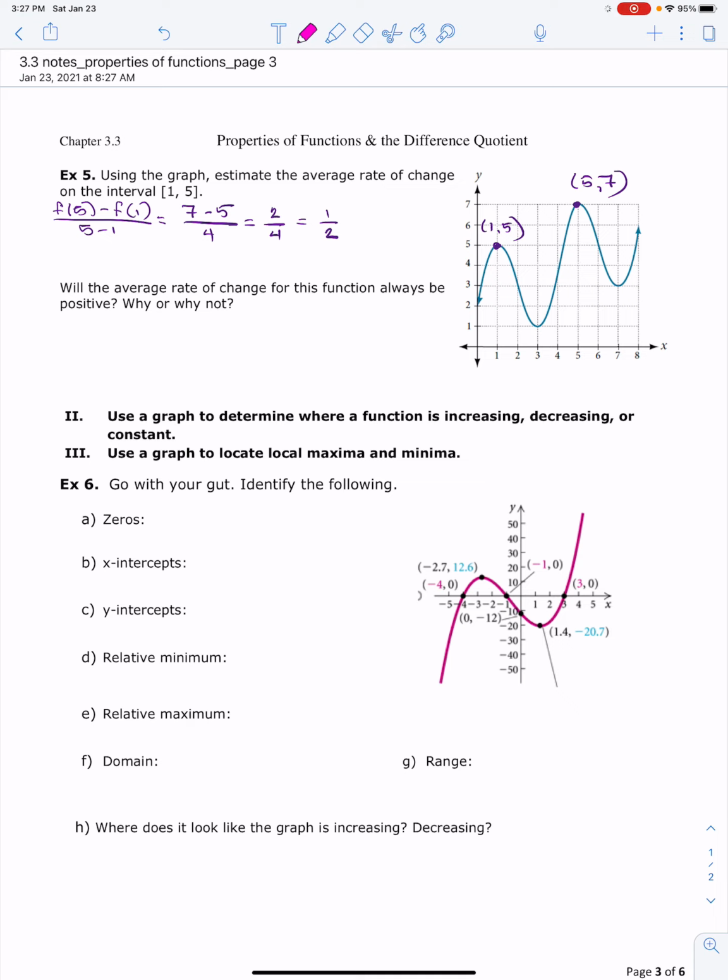The second part asks if the average rate of change for this function will always be positive, and it's going to depend on the 2 points we pick. So I could pick the interval from 1 to 3, going from the point (1, 5) to (3, 1). If I connect those 2 points with a secant line, notice that the slope on that is going to be negative.